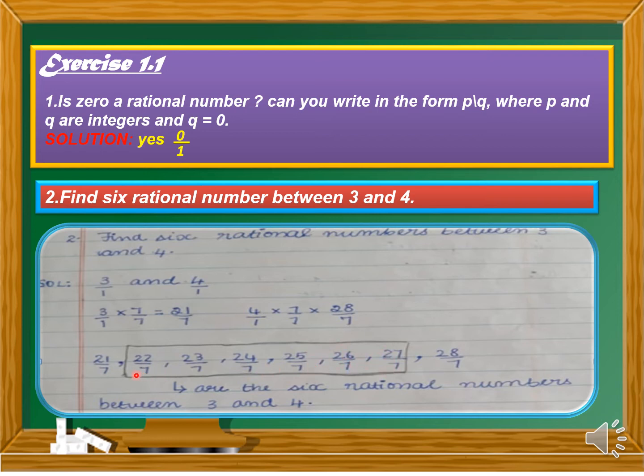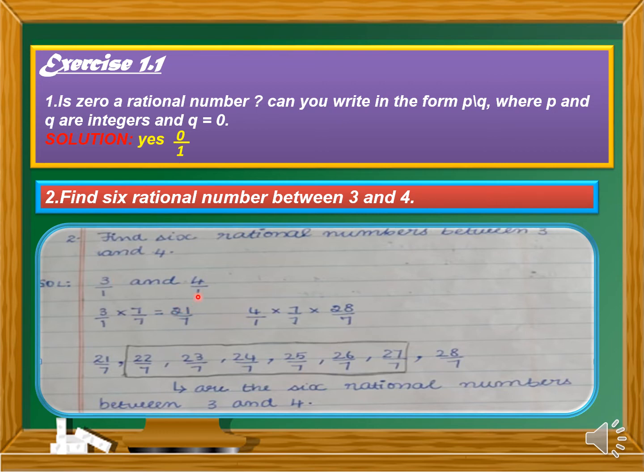In this we can't simplify any number, so the numbers remain the same. And when you simplify both numbers, you will get 3 and 4, that is 3 by 1 and 4 by 1, their normal position.